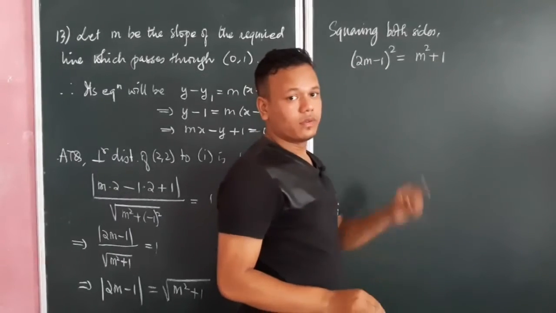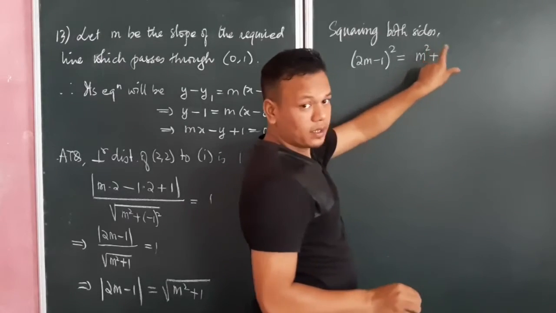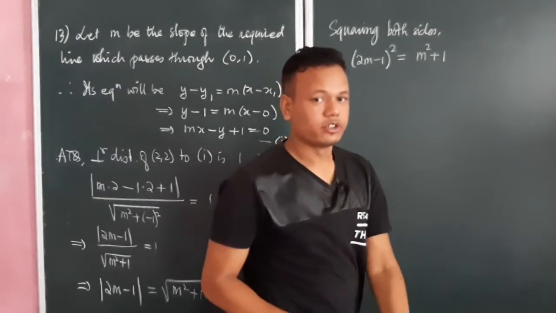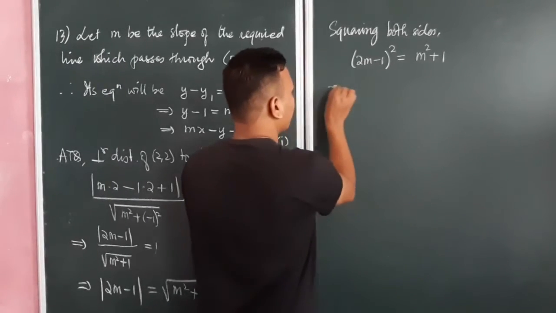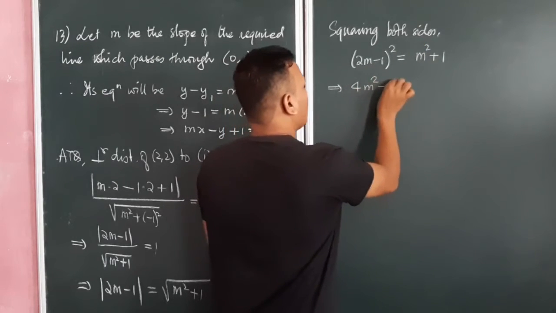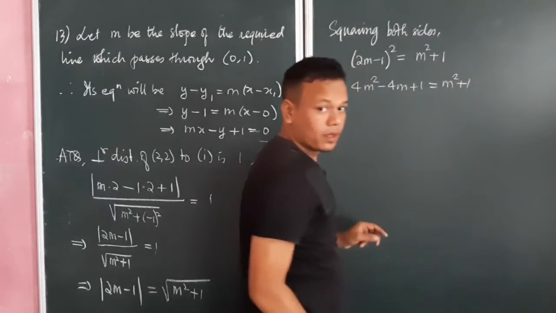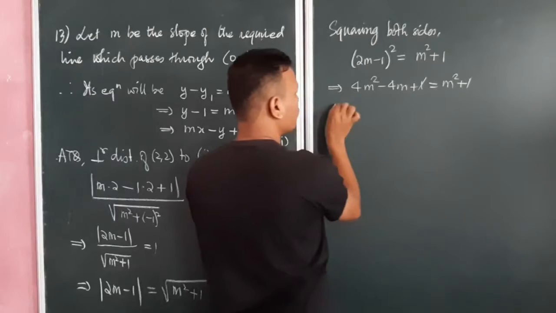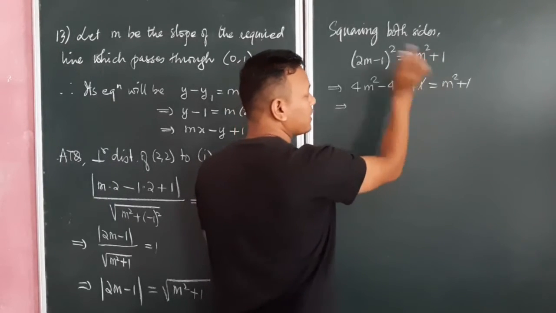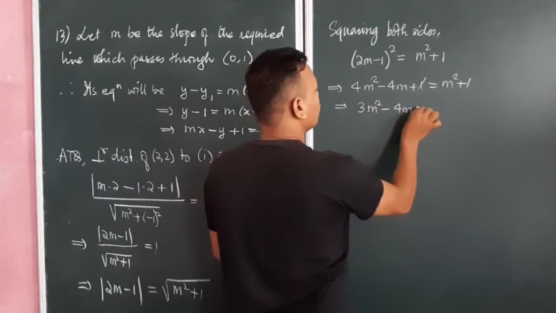From here we arrive at a quadratic equation because we have got m square, so we will find two values for m. How? Let us see. Expand this using the (a minus b) whole square formula. The 1 and 1 get cancelled, so this becomes 4m square minus m square, which is 3m square, minus 4m equals 0.